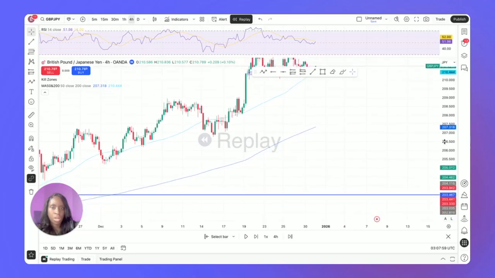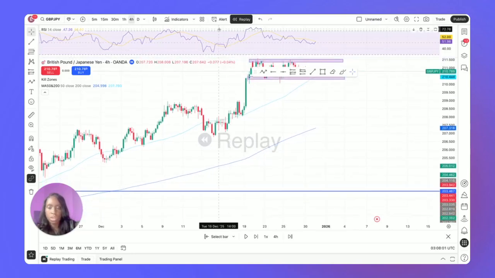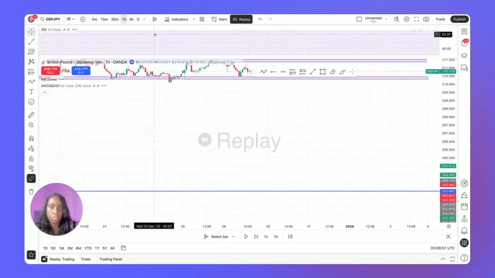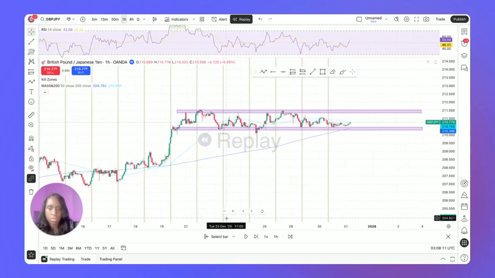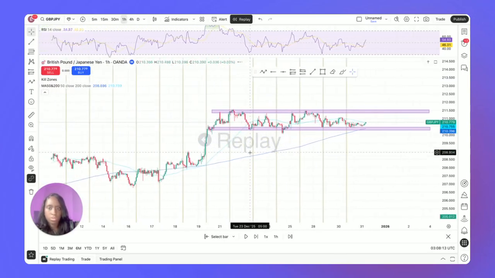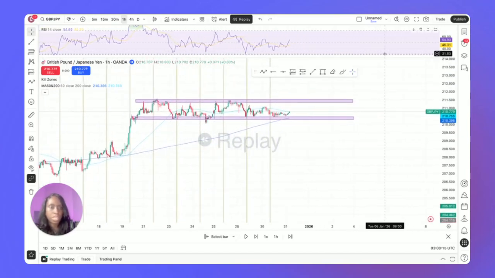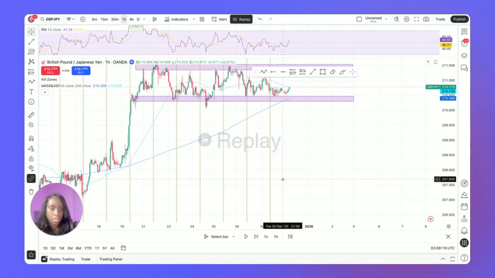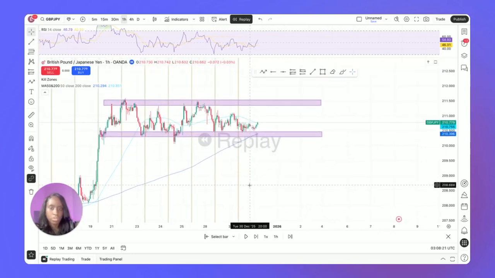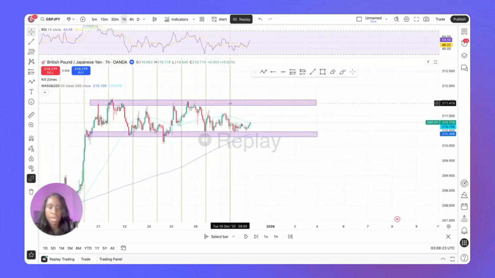Then we mark our zones, and I like to mark on the 4-hour or the hour, no less than that. So here we are on the hour time frame, and here are my key levels. Here is my supply zone, and here is my demand zone.